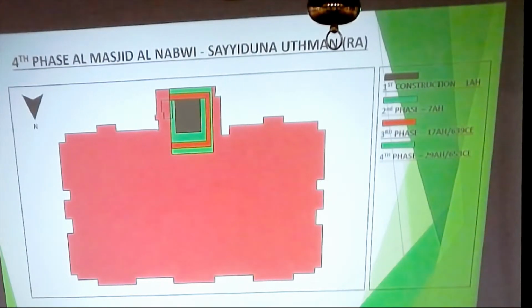And now the masjid has not gone beyond that extension in the direction of the Qibla. The direction of the Qibla, that wall which Sayyidina Uthman radiallahu anhu had, that is the wall of the Qibla now as well.